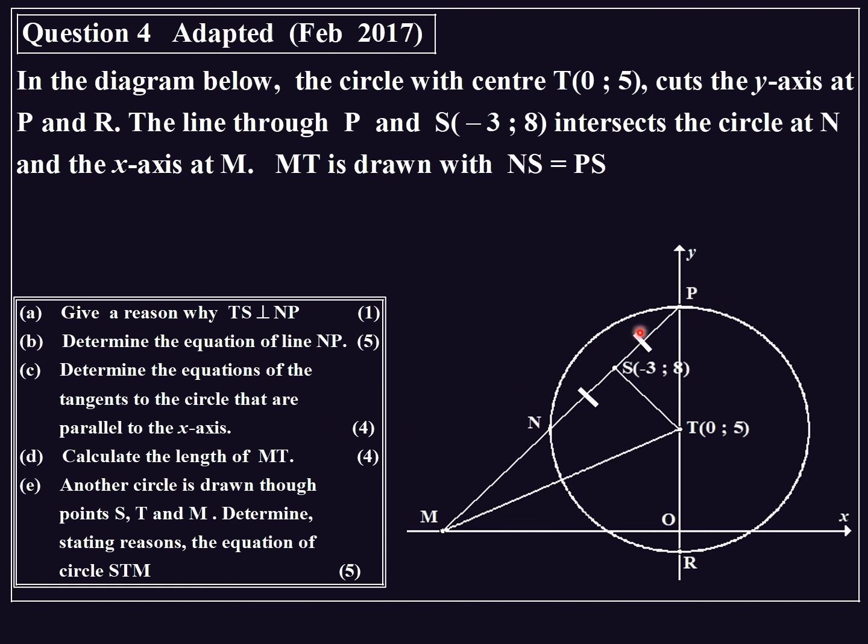Find the equation of the line MP. Find the equation of tangents. Find lengths. But important here is always read your question, maybe highlight the given information, make note of important statements there, like NS equal to PS, then you'll be able to answer this. Good. And as I said before, if you calculate something, fill it in. Calculate something else, especially coordinates, fill it in, because you might need it for later work.